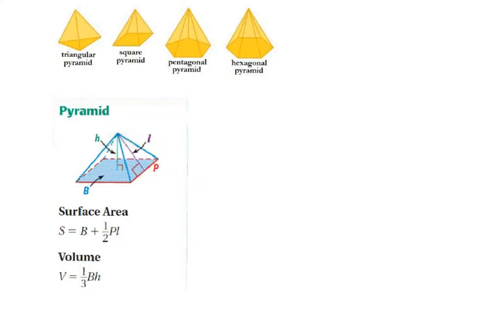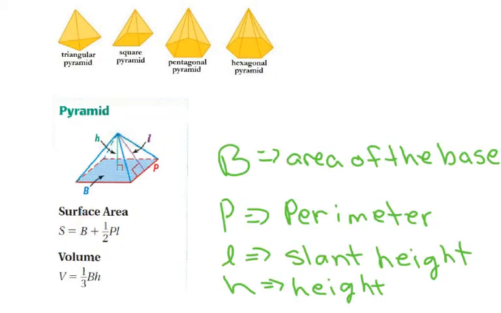In order to calculate the surface area of a pyramid, you're going to take the area of the base, that's what the big B stands for, and add that to 1/2 of the perimeter, that's what the capital P is, times the slant length, or slant height, which is the height of the outside triangles.